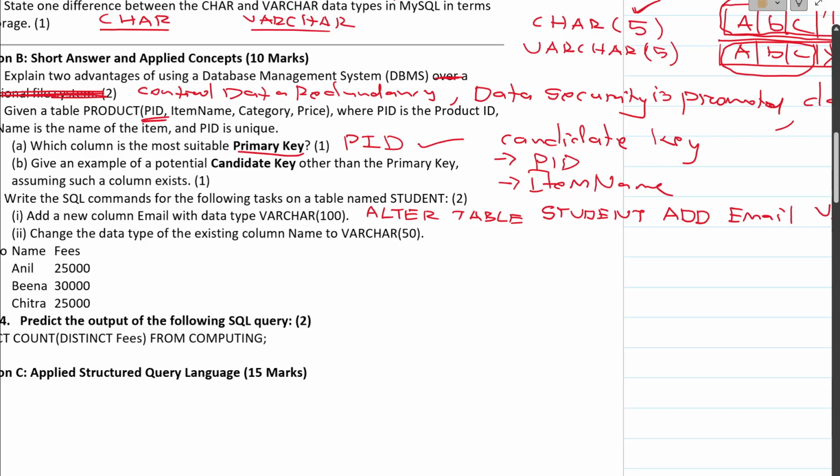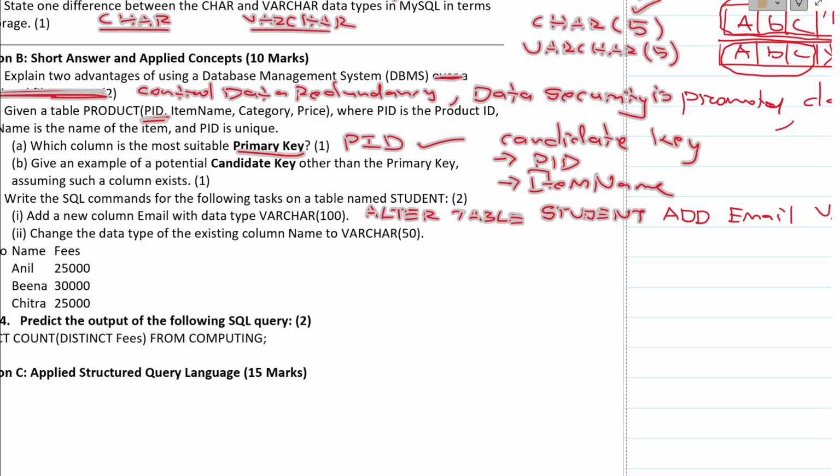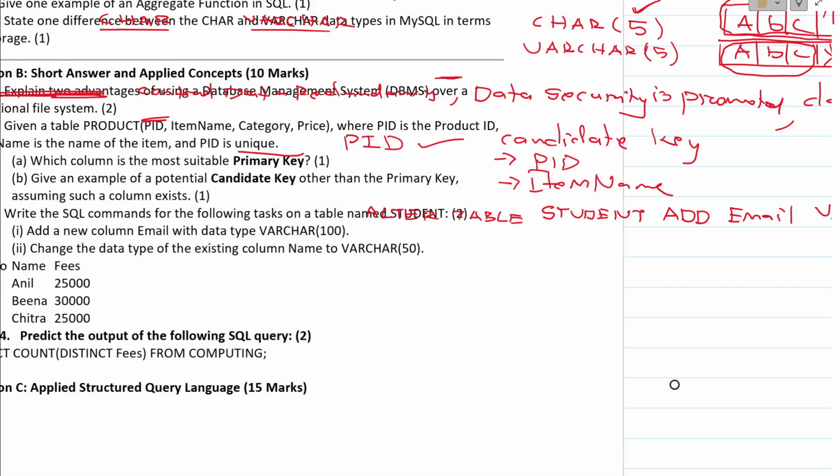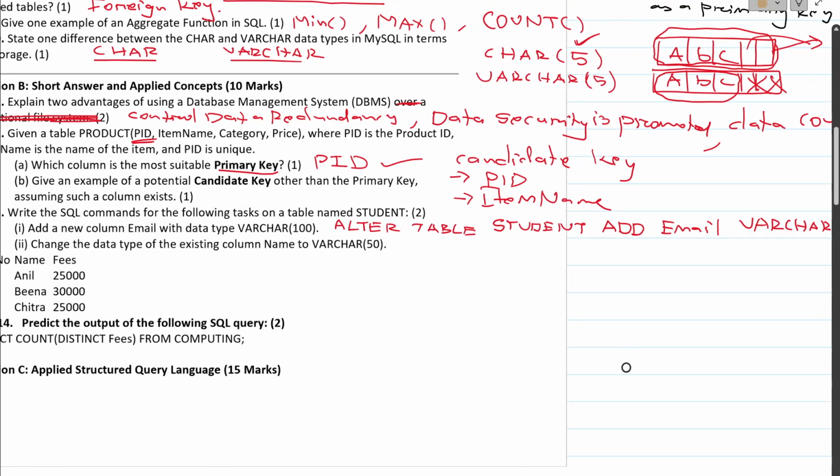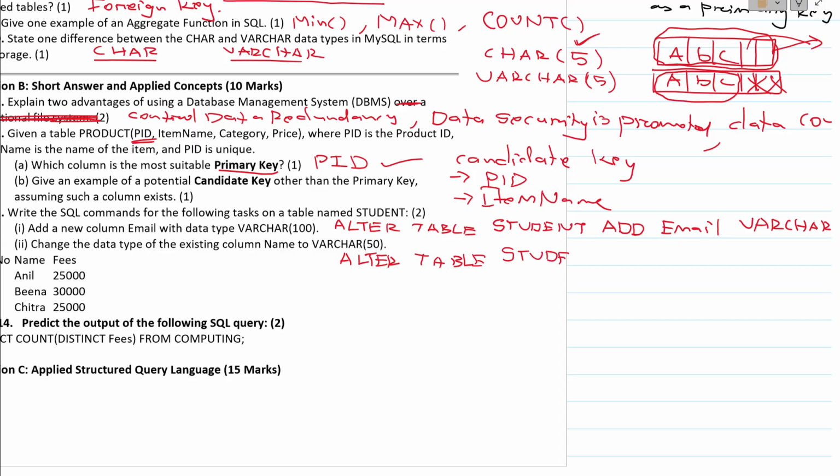And what does the second question say? Change the data type of the existing column name to varchar 50. It is talking about changing the data type. See, again change, so I will be using alter table, again the same thing, student, because when changes are asked, most of the time we will be using the alter command.